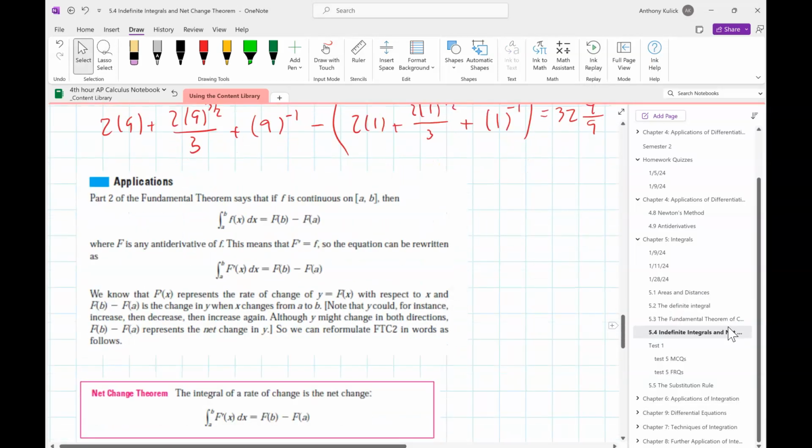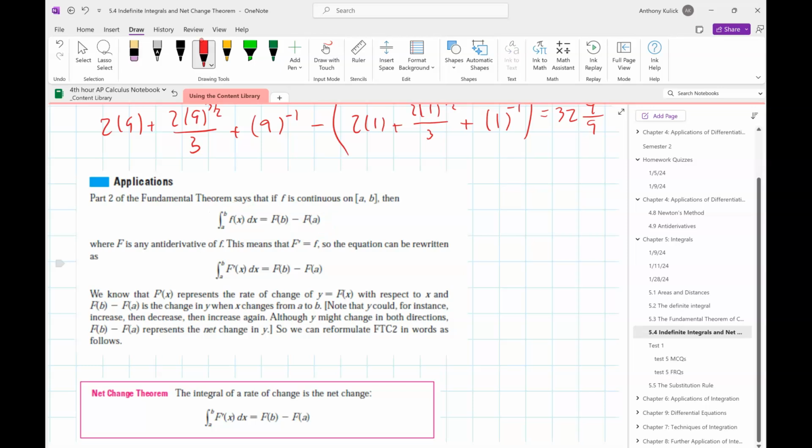All right. So let's look at some applications now, right? We remember that the fundamental theorem of calculus says that the integral from a to b of f of x dx is the antiderivative of f evaluated at b minus the antiderivative of f evaluated at a, right?